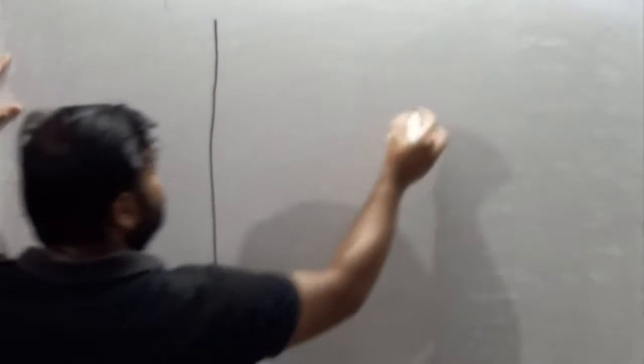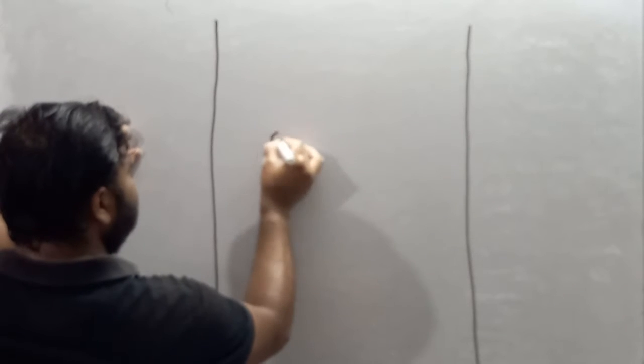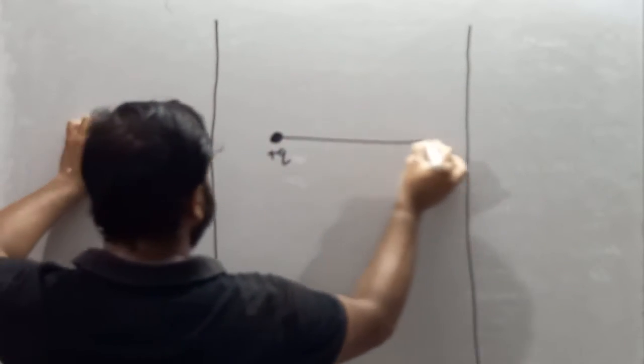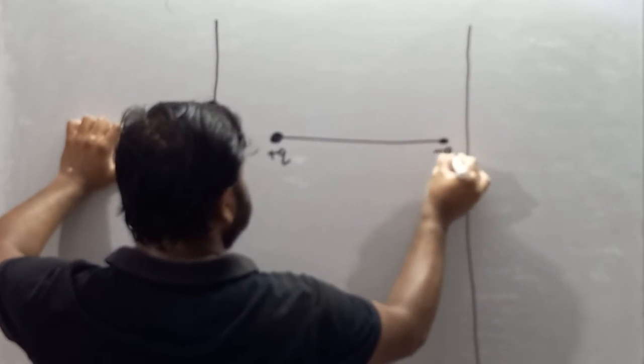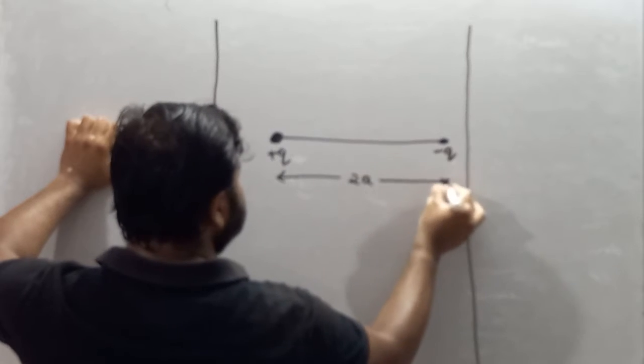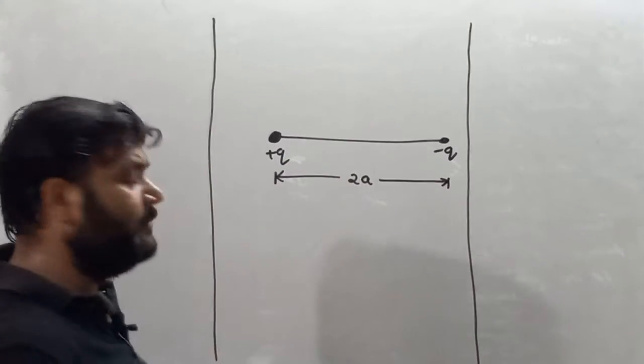So when we are dealing with an electric dipole system, we know that the system carries one positive and one negative charge of equal magnitude, separated by a small distance, and the distance is considered here as 2a.